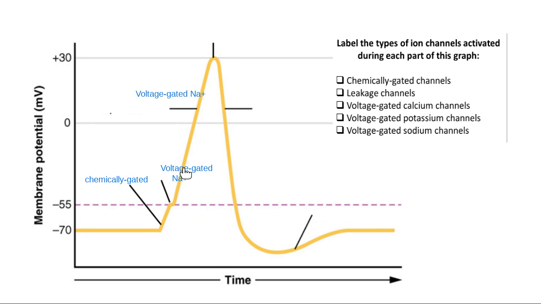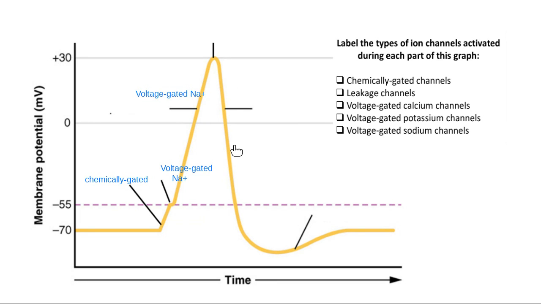They're open all the way through this depolarization stage, all the way until we get up here at the very top. Now we're completely depolarized. My charge is completely wrong. There are two kinds of channels that open when my charge hits +30. The first kind that's going to open is a voltage gated channel that I use to repolarize the membrane.